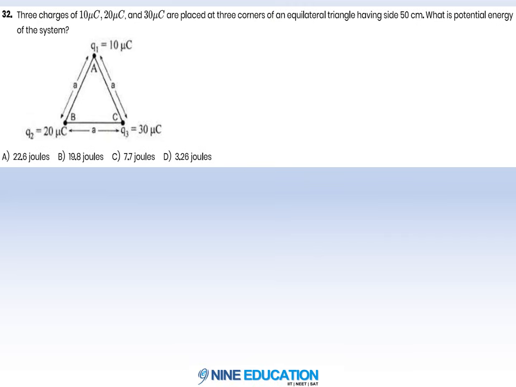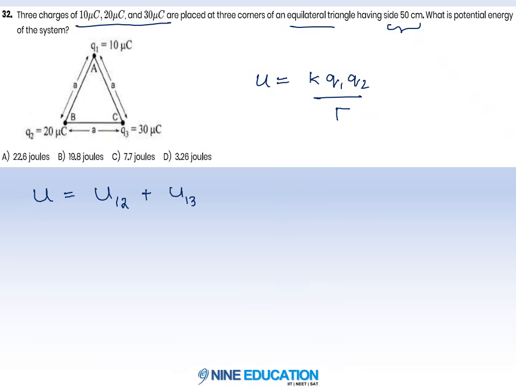In this question, three charges of these magnitudes are placed on the corners of an equilateral triangle having side 50 centimeter. What is the potential energy of the system? We know the potential energy due to the interaction between two charges is kq1q2 by r. So the potential energy is the interaction energy between 1 2 plus 1 3 plus 3 2.